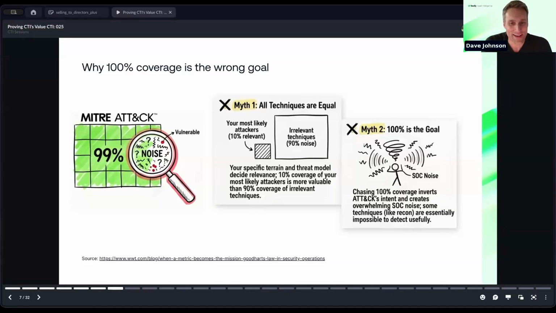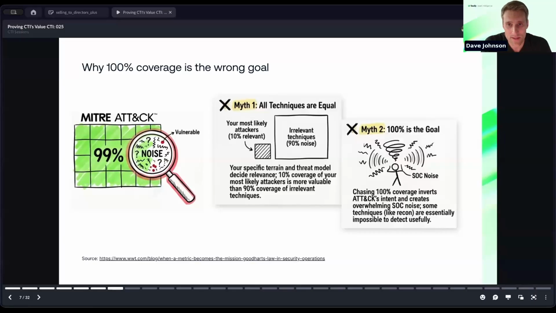How dare you? So in MITRE ATT&CK, or any other system, it's also easily gamed. If you get 100% coverage, there's a lot of things that can go wrong with that because you're probably not spending the time you need on the things that matter.